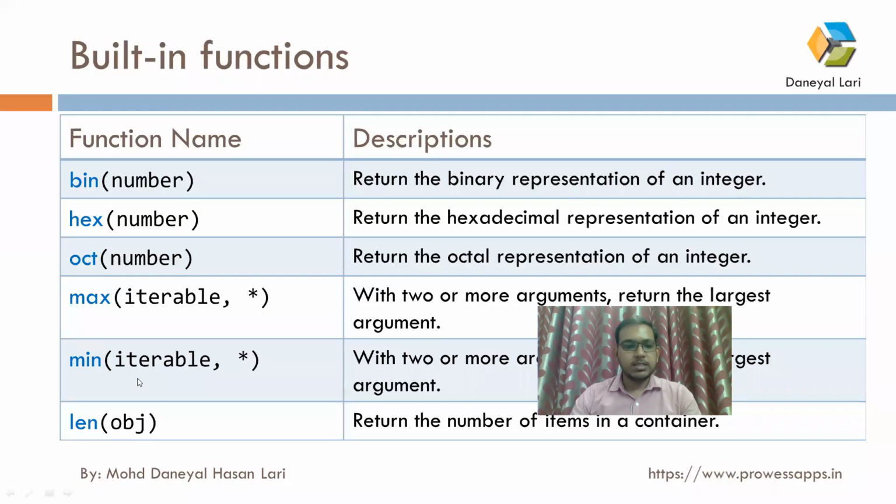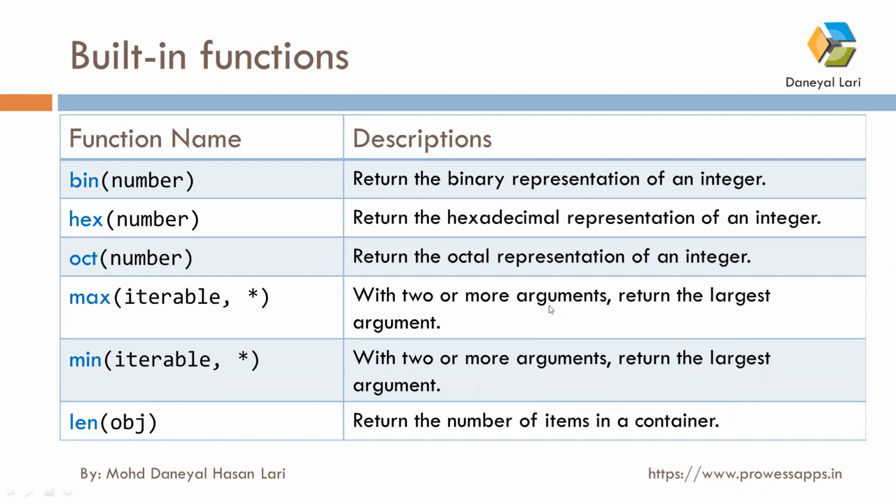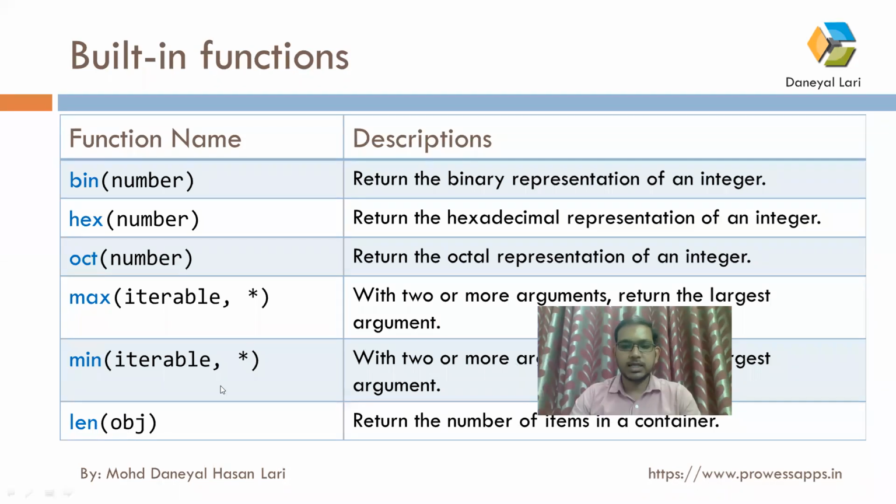Next method is the len function. The len function is very important. Most of the time you will use it in your looping constraint. The len function returns the number of items in a container. So if you have a container and you want to find out how many values are available in that container, you can use the len function.